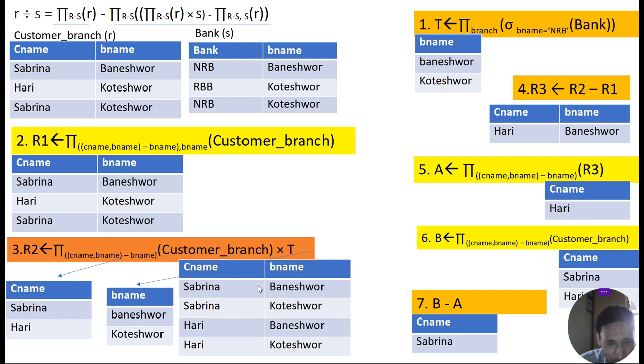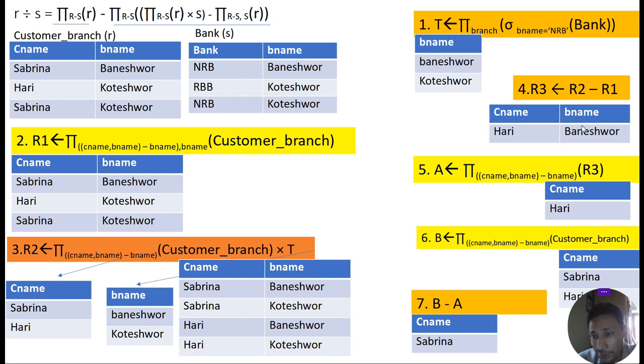Now in the fourth step we are doing the set difference between R2 and R1. R2 contains 4 records, R1 contains 3 records. Hari Baneshwar is the only record that appears in R2 but not in R1.